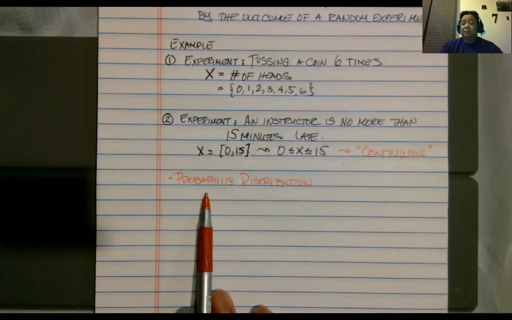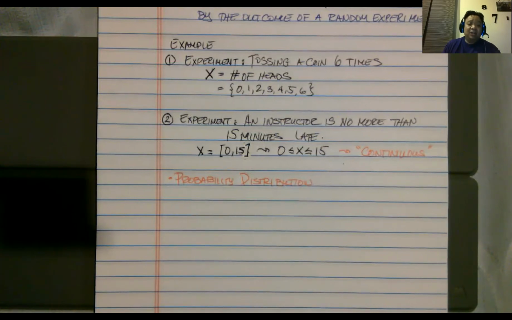You list down all the possible values of x, and right next to each one you have the probability that each x is actually going to happen. That's what makes a probability distribution.